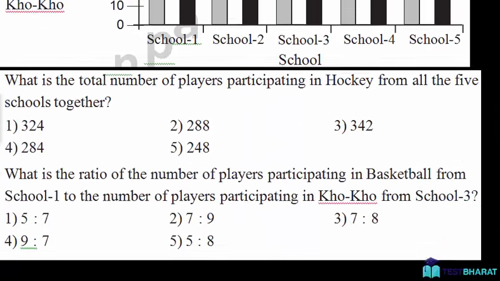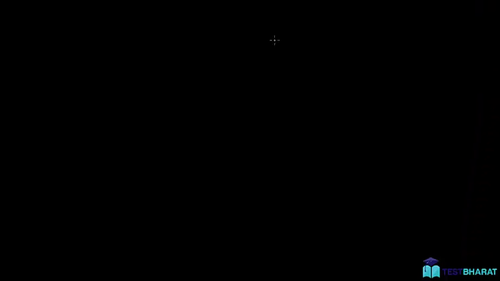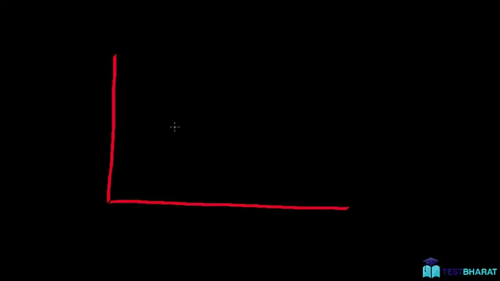Like if we have to find out, let's say, the average, let's say this is a bar chart, and we have to find out the average of, I'll do this in maroon, right?